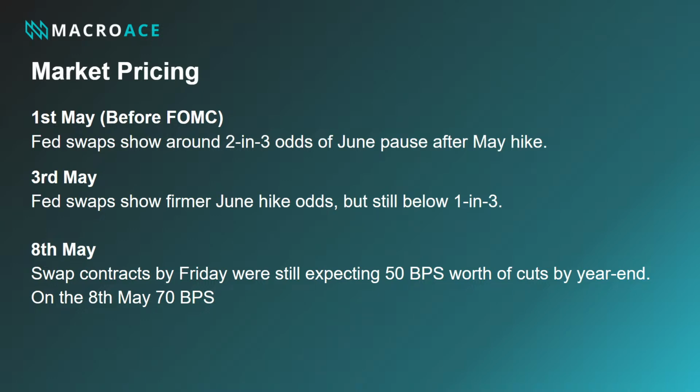And then on the 8th of May, swap contracts by Friday were still expecting 50 basis points worth of cuts by year end, but on May 8th, that had increased. So now swaps are expecting 70 basis points of cuts by year end. So again, they're expecting the Fed to take action and pivot sooner, rather than taking the time and getting to 2024, which is what they originally said, and then cutting rates.